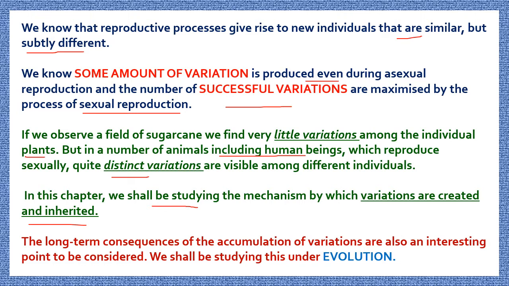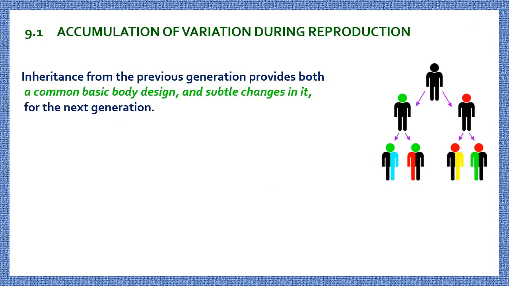Before starting the variations, let me tell you that the long-term consequences of accumulation of variations are also an interesting point to be considered, but that we will be discussing in another topic, that will be evolution. Okay, so now let me start the first topic of the chapter, and that is accumulation of variation during reproduction. It is a very interesting topic, and let me start it.